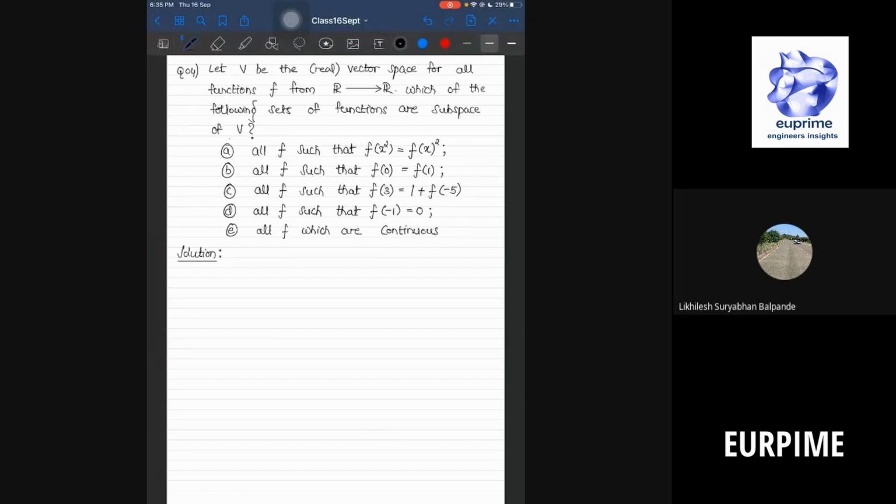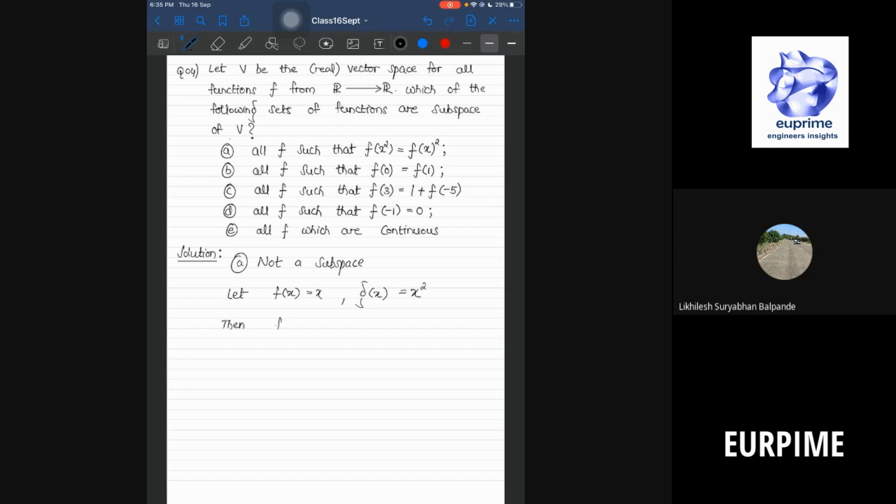Let us look at the solution. Question A: the set of functions f such that f of x square is equal to f of x whole square does not form a subspace. Let f of x be x and g of x be x square.